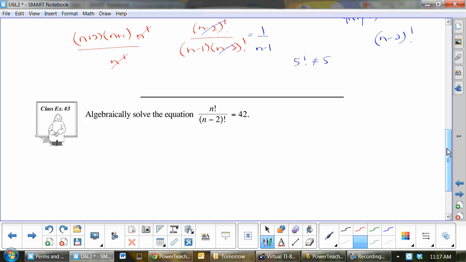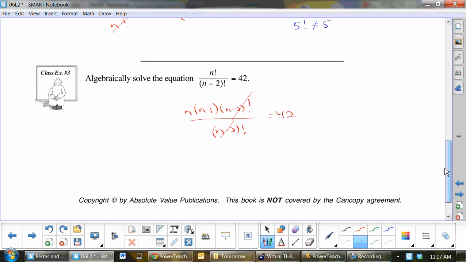So I can rewrite the top as n times n minus 1 times n minus 2 factorial all over n minus 2 factorial, and that equals 42. Right? And I cross that out. So now I have n times n minus 1 equals 42. Some people might even be able to guess and test from here. But let's multiply this out. This is n squared minus 1n. And I'm going to bring the 42 over to become minus 42 equals 0.